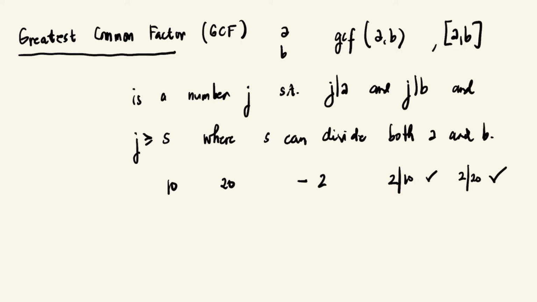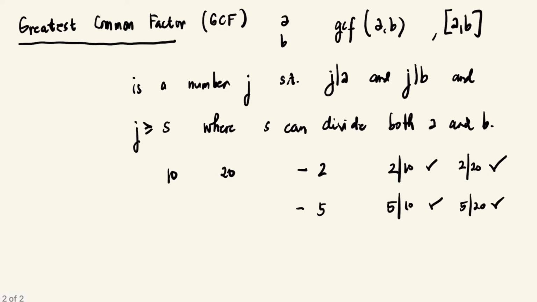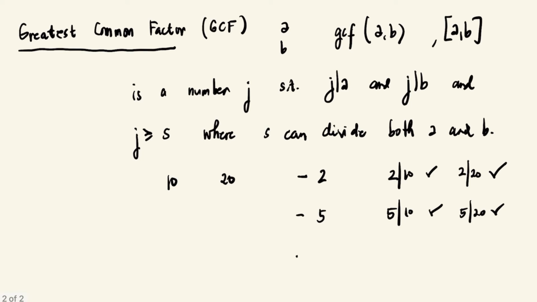Okay. This can also be divided by 5. Because 5 can divide 10, that's correct. And 5 can divide 20, that's correct. Now, this can also be divided by 10 because 10 of course can divide 10 and 10 can divide 20. So 2, 5, and 10 can divide both 10 and 20.